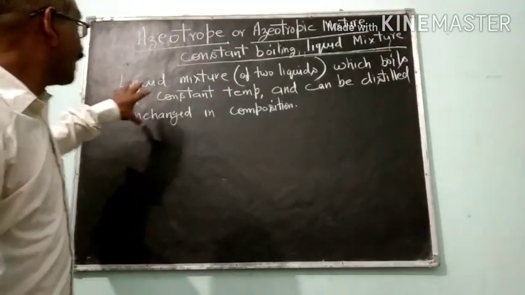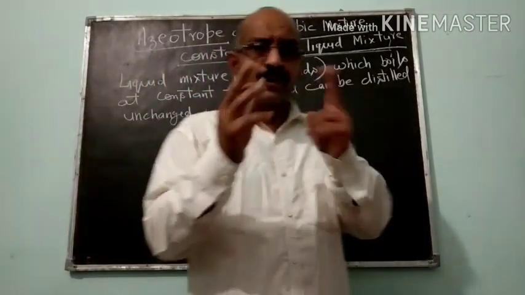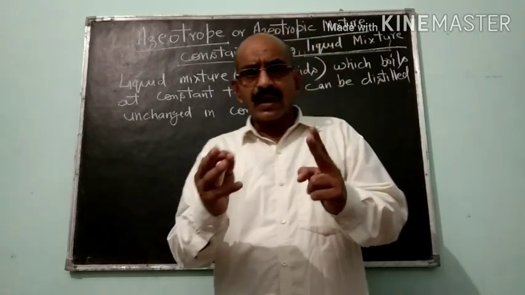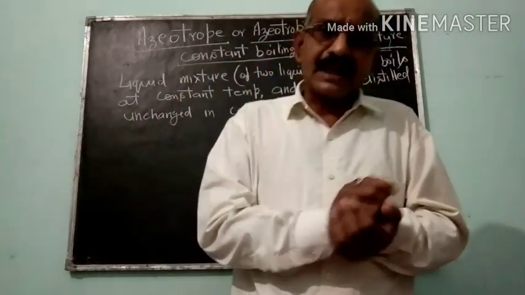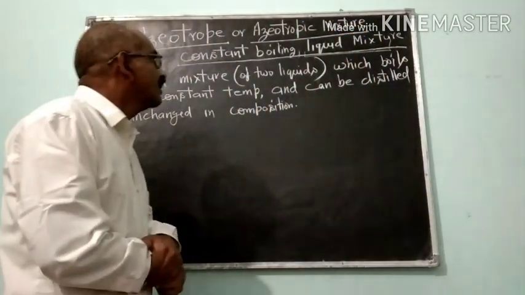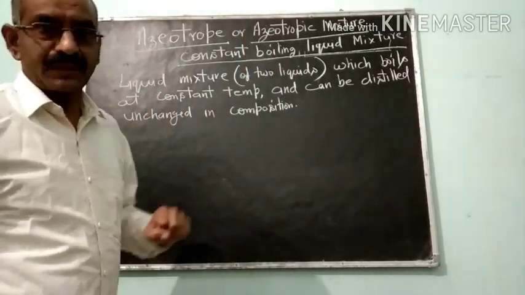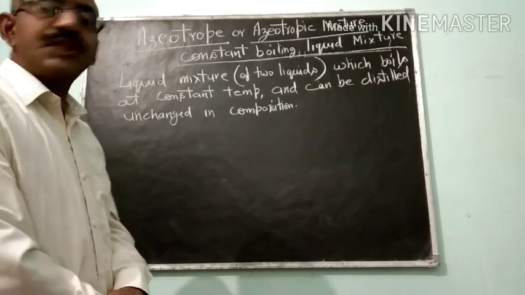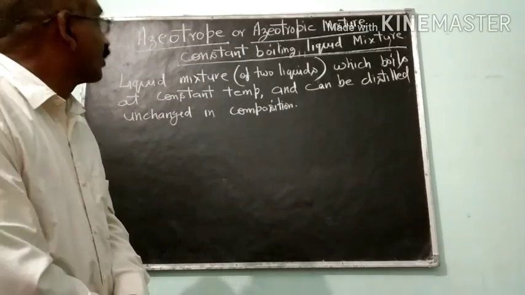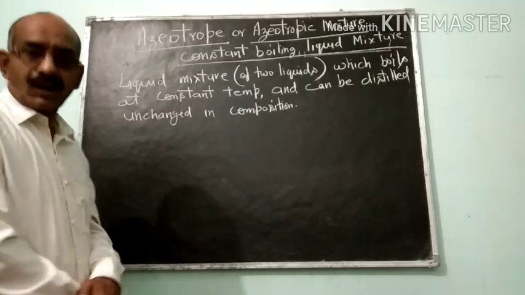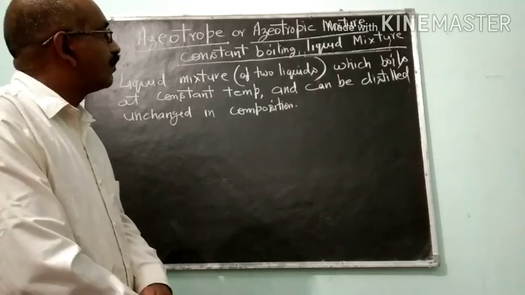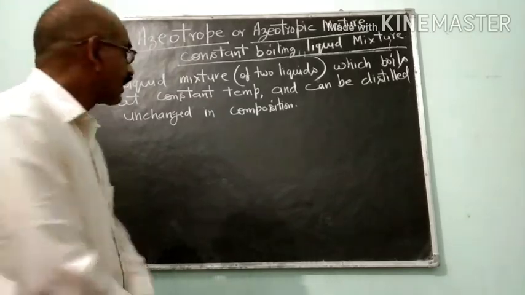Is it clear? So a mixture of two liquids which boils at constant temperature without decomposition or without change in composition is called an azeotropic mixture, or azeotrope, or constant boiling liquid mixture.